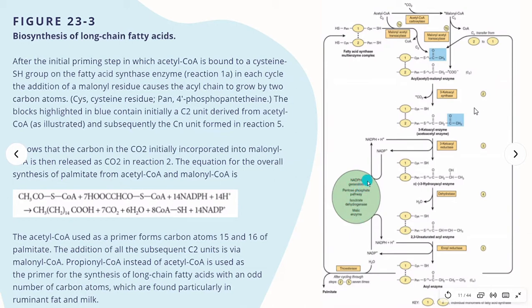But the major producer of NADPH is your pentose phosphate pathway. The other 2 can also produce NADPH, but the amount is almost negligible. Even without them, we still can have NADPH courtesy of your pentose phosphate pathway.